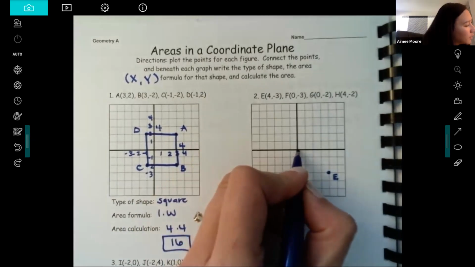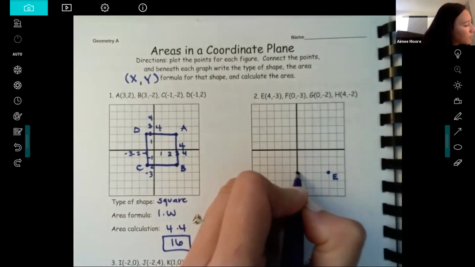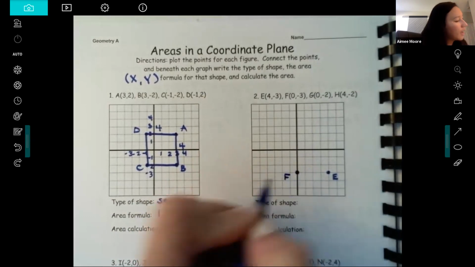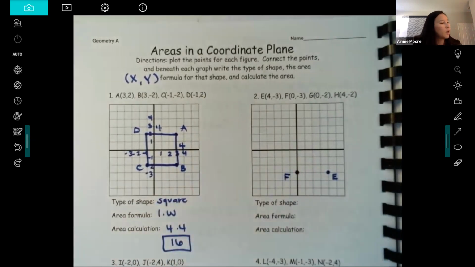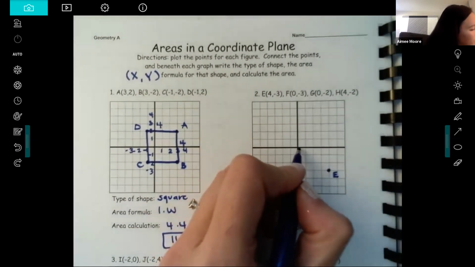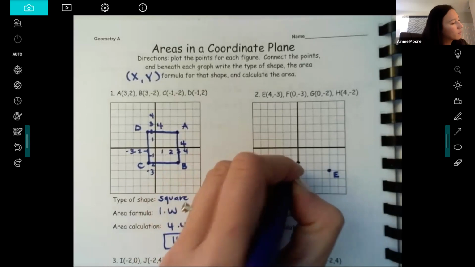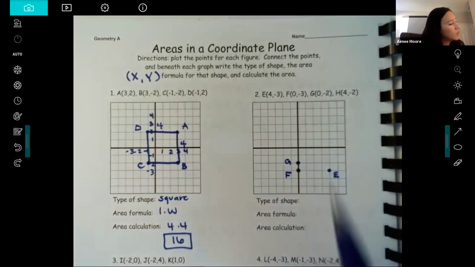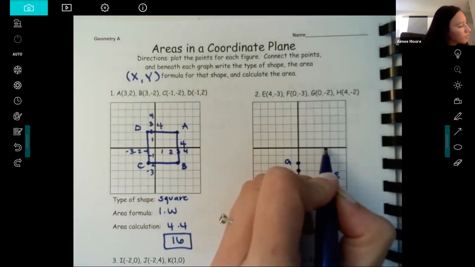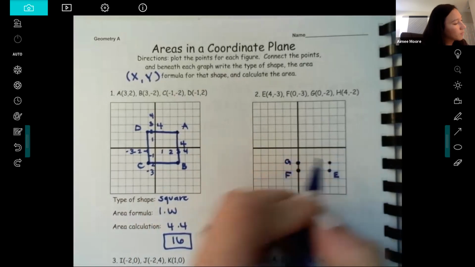So X is 0 right here. Y is negative 3. There's F. G is 0, negative 2. And H is 4. 1, 2, 3, 4, negative 2.